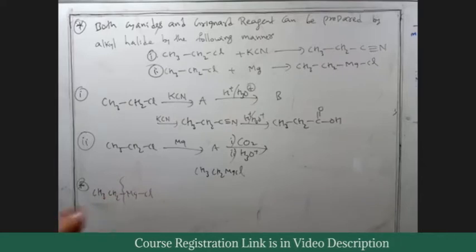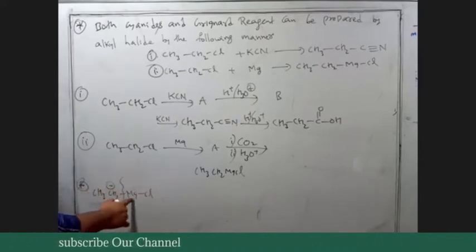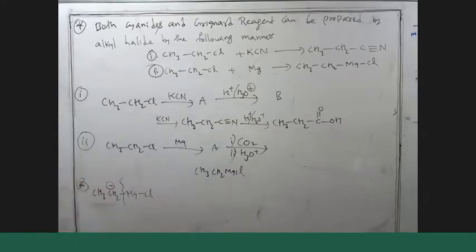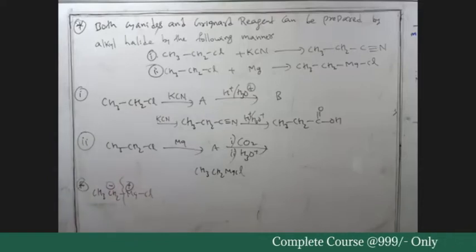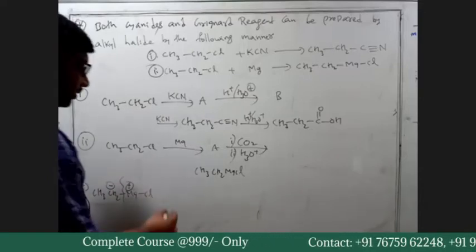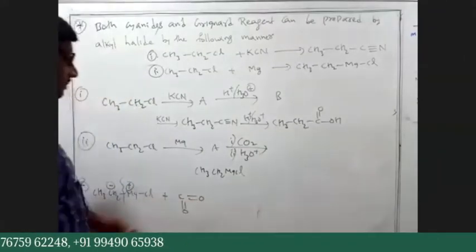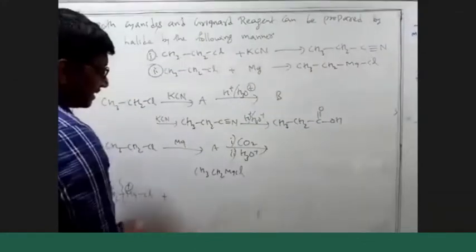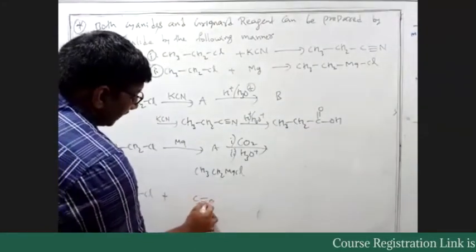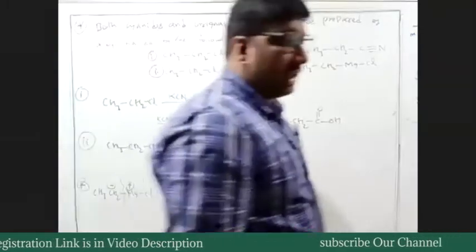The carbon-magnesium bond is polar because carbon is more electronegative than magnesium. Carbon gets negative and magnesium gets positive. This compound is treated with CO2. CO2 we can write as O=C=O, and you should always write it as a linear molecule.